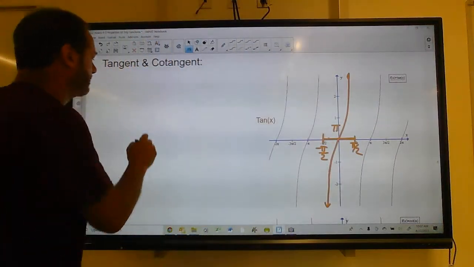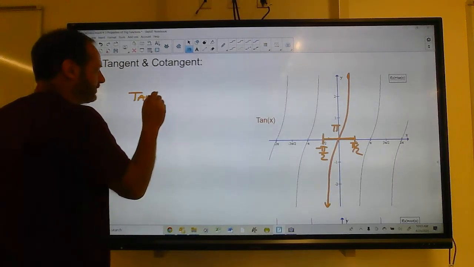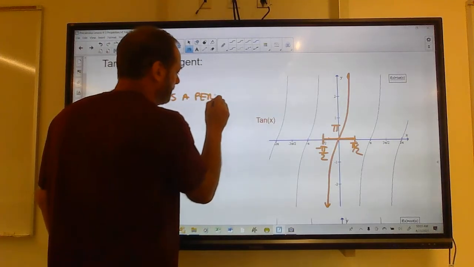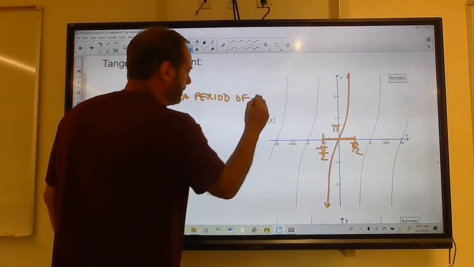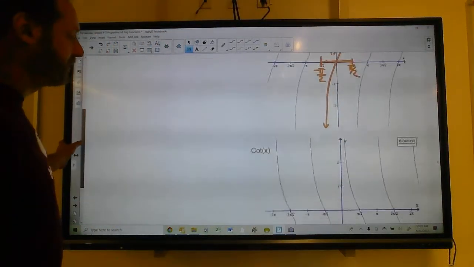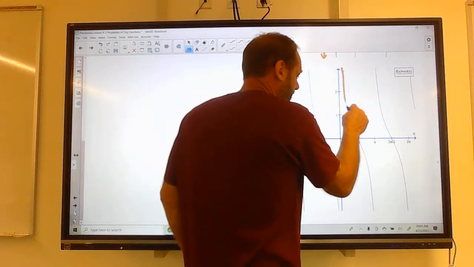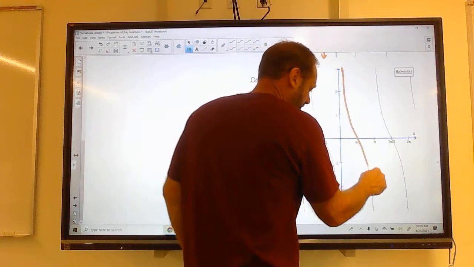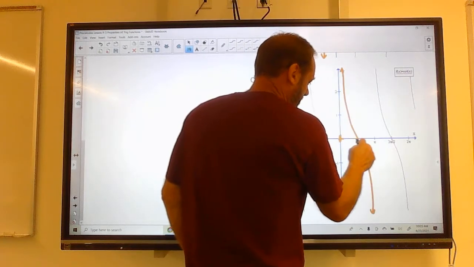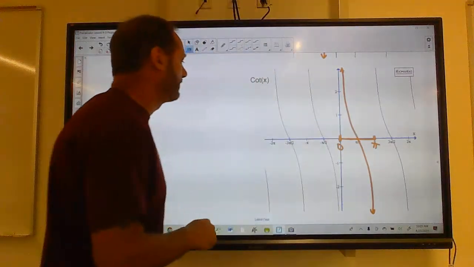So tangent has a period of pi. And because tangent has a period of pi, so does cotangent. Okay, so cotangent just goes from 0 to pi right there. So that's a period of pi right there as well.